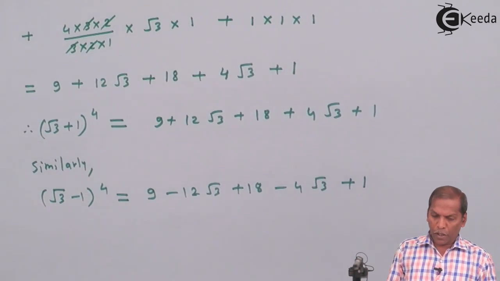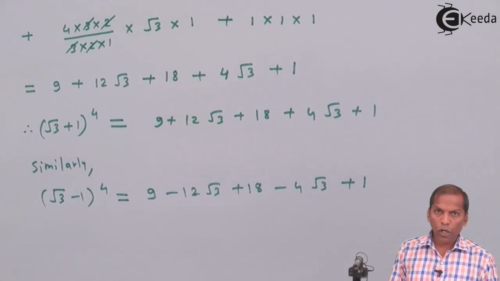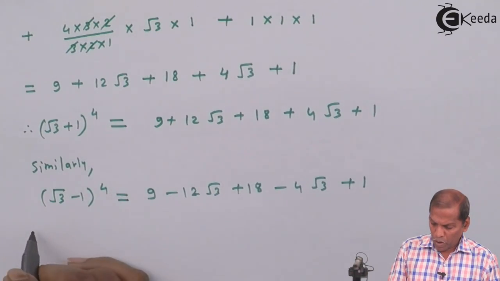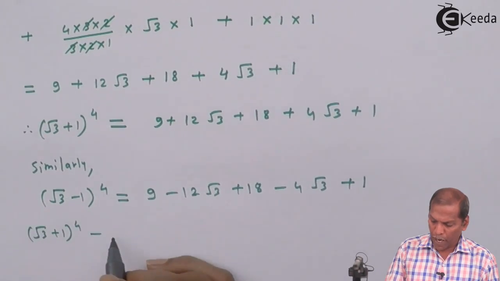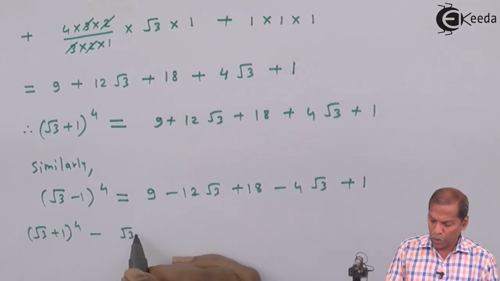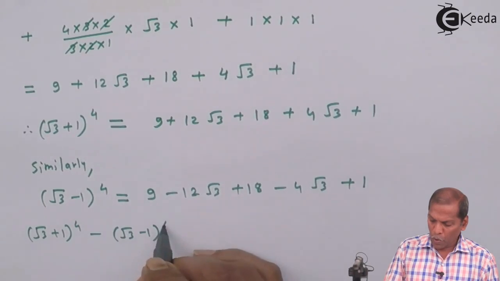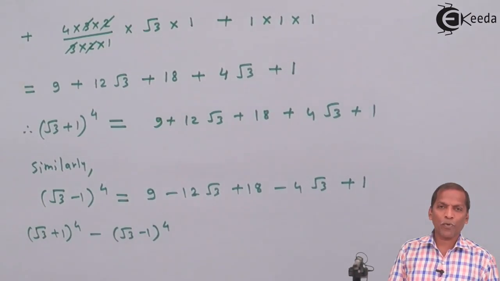Now we consider the total problem, that is (root 3 plus 1) whole bracket raise 4 minus (root 3 minus 1) whole bracket raise 4.